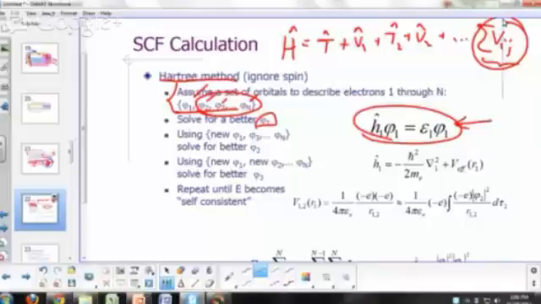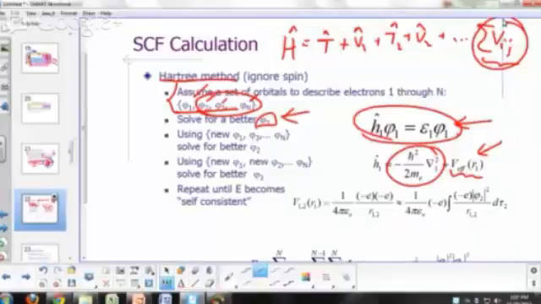And when you solve that, here it is. Here's the kinetic energy of electron 1, and you have an effective potential energy. This takes into account the attraction of the electron to the nucleus and the average interaction with all the other electrons. So when you do that, you can solve for a better phi 1.